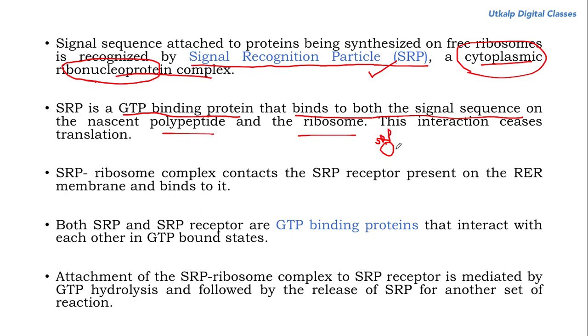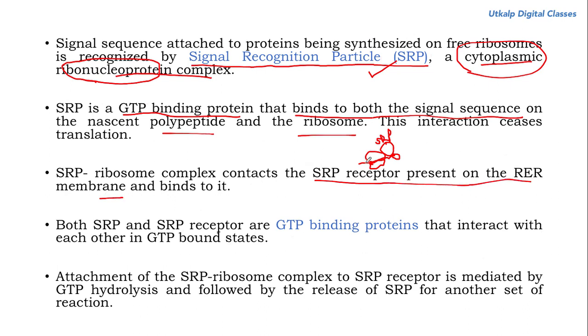It is bound to a GTP molecule, and further it is bound to both the polypeptide as well as the ribosome. So this is the ribosome and this is the polypeptide. Now the SRP ribosome complex contacts the SRP receptor present on the RER membrane.